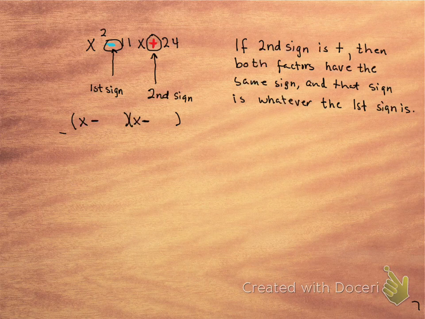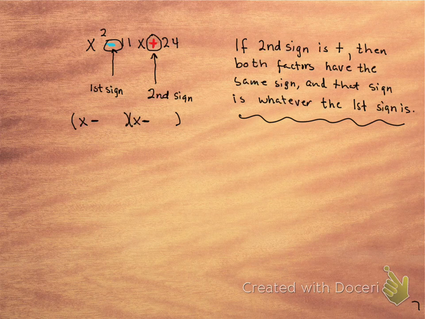So that's how our sign trick is going to work, to tell us what signs go in the factors, okay? So let's just stick with that rule, and then when the second sign is not a positive, I will give you that set of rules underneath, okay?